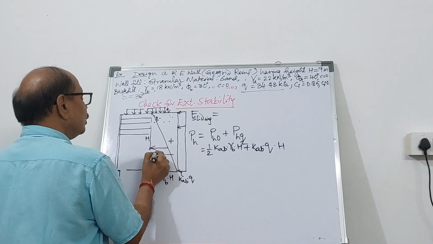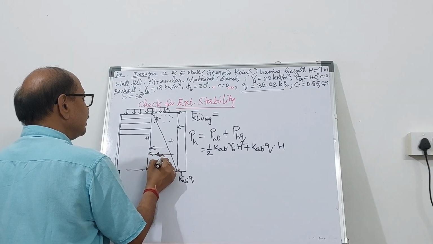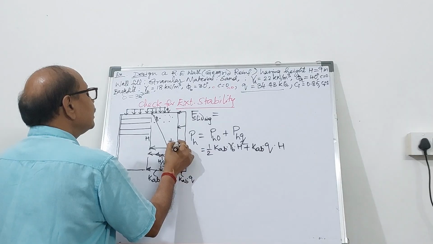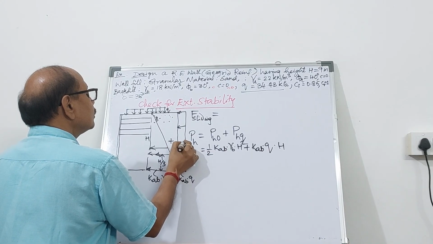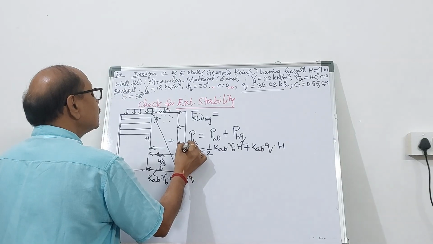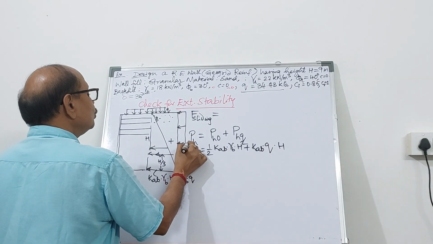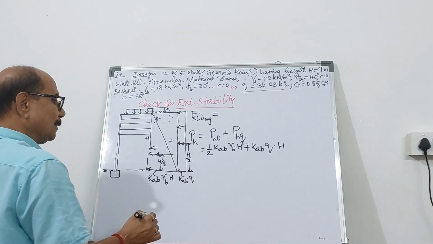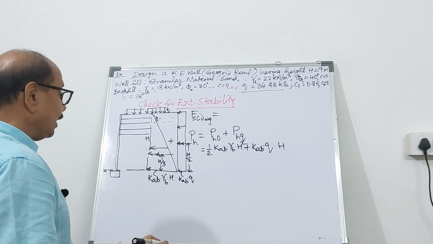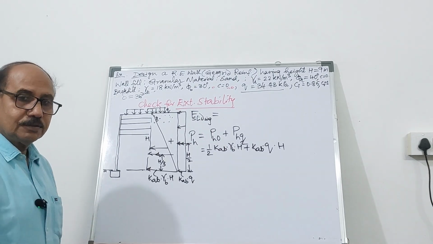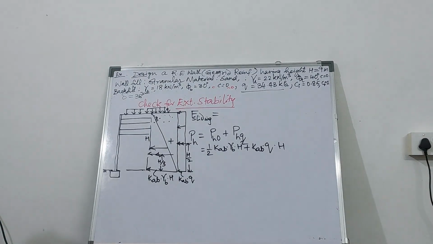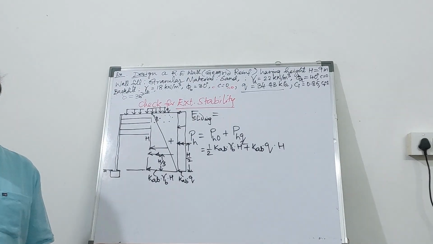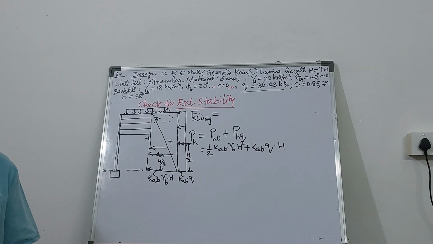The resultant of this force will be at H by 3, and the force PHQ will be acting at H by 2. So having known the value of pH, you can find out the factor of safety for sliding very easily. So find out all the values.